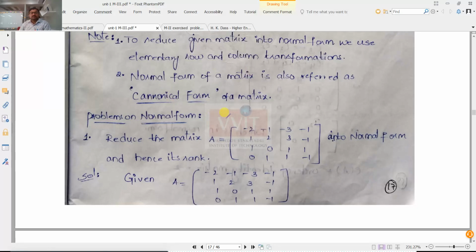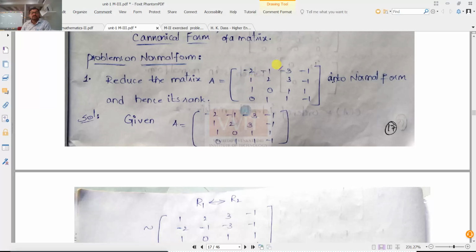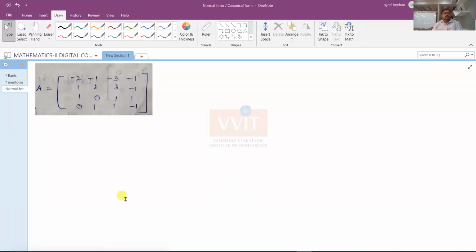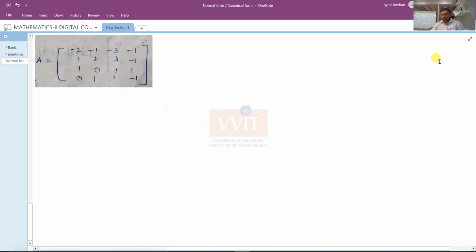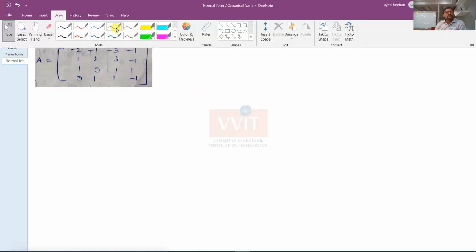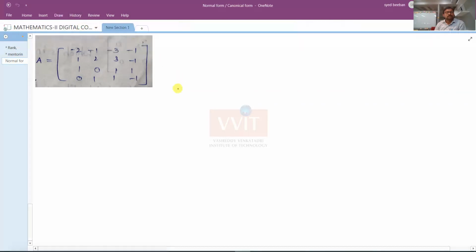Then if I see this here, let me try this one for you. Now if I see this matrix, clearly it is 4 rows and 4 columns, so 4 by 4. Now by using this, I need to reduce this one and this one to 0.